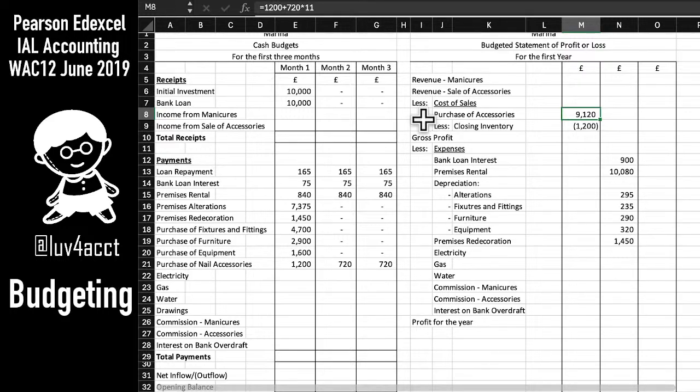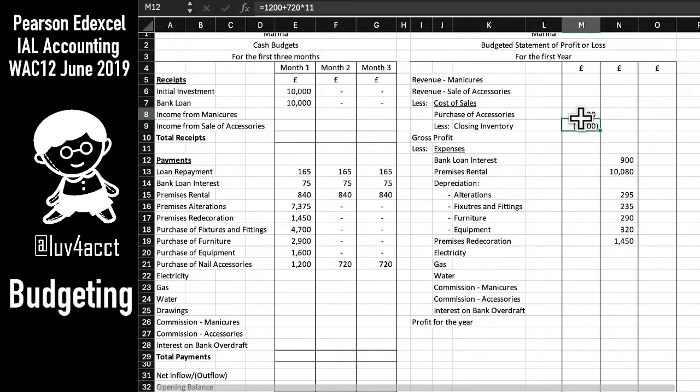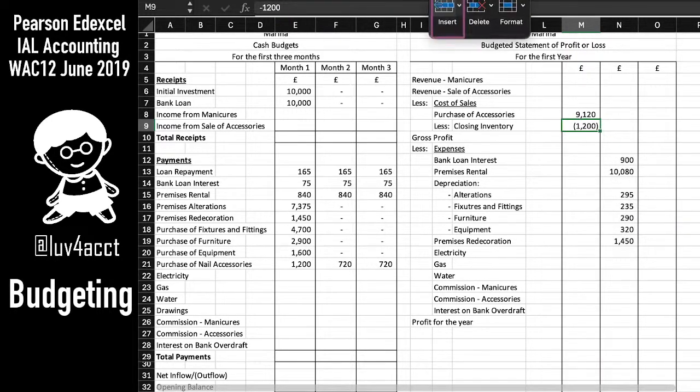I won't call it opening inventory, but it is initial purchase of inventory. And then closing inventory will be 1200. Let me draw the format first. Anyway, I'll do it later.